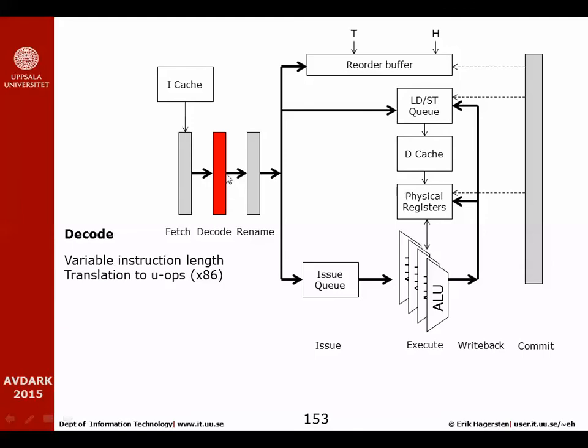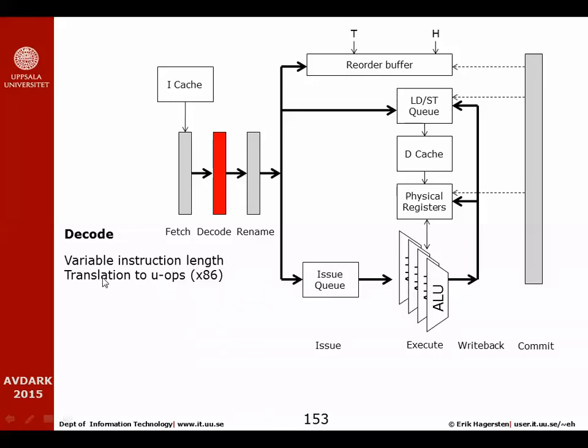And also the decode typically is the box that makes translations from x86 instructions to micro-ops. Micro-ops are the instructions actually executed by the hardware, while the x86 instructions are the old kind of instructions that were defined many years ago, and some of them do not lend themselves to efficient implementations in this kind of architecture. So there is a translation going on.